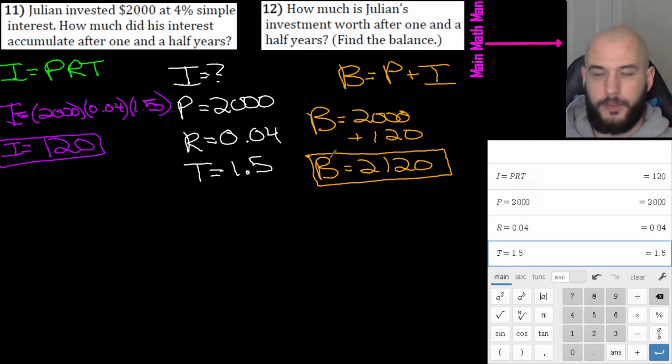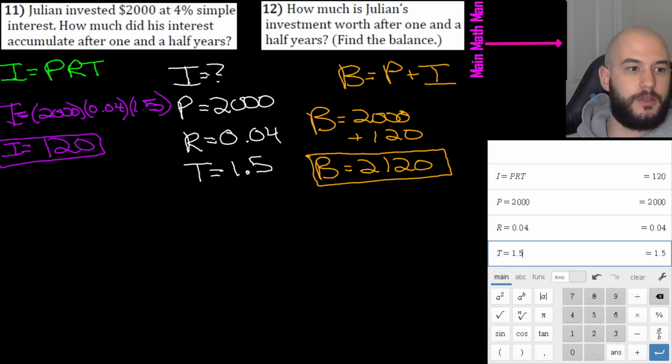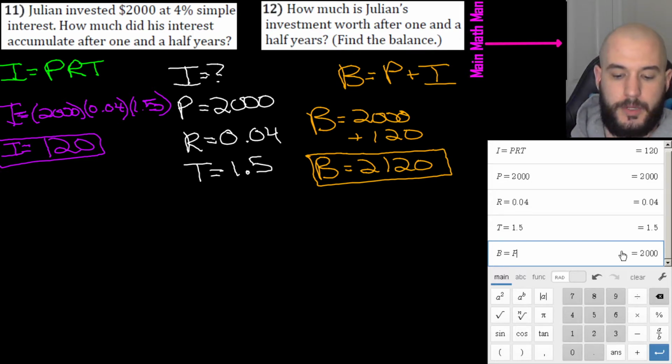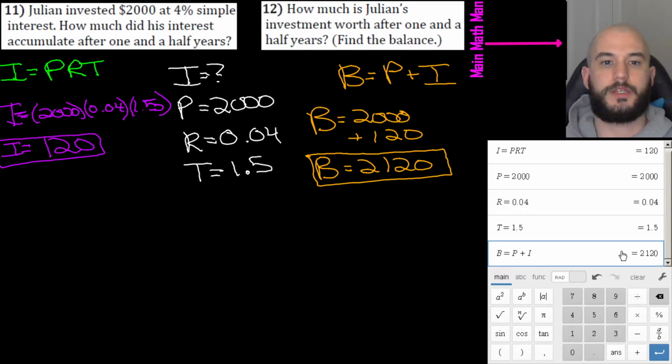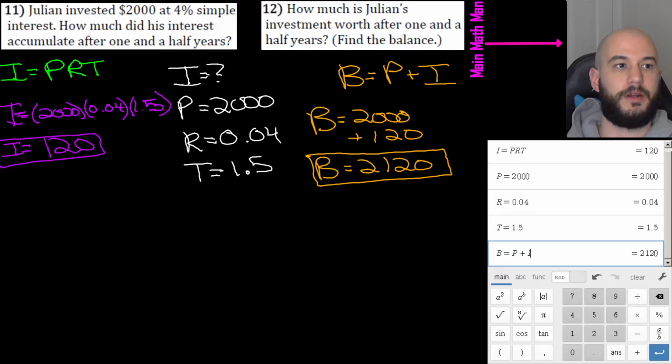So he started with 2,000, and now he has in total that $2,120. And so again, you can use your Desmos like this. You could say, all right, B equals, we said it's our principal plus our interest, and just like that, it's solved.